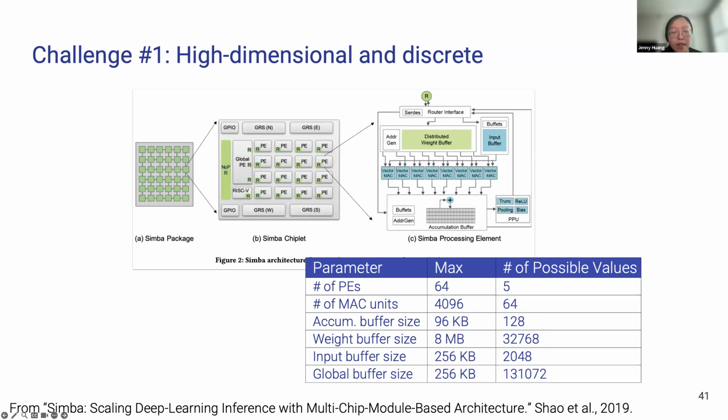What's more, this discreteness is further amplified by the mapping options. Some of the mappings are invalid if they exceed certain buffer capacities.